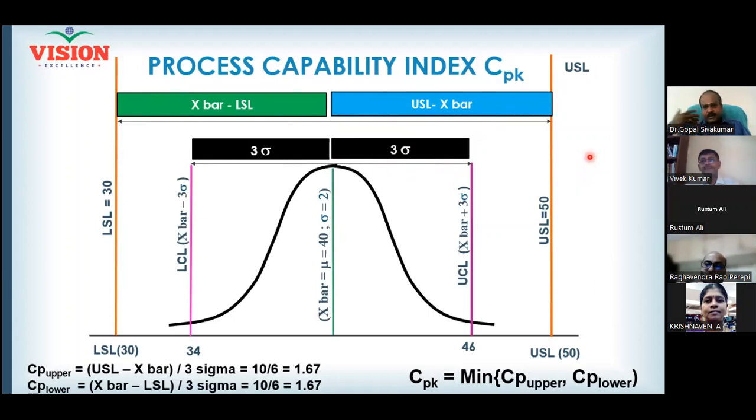If your process is moving to the right, what will happen? Blue bar will start reducing. That means CP upper will go down. Whichever is going down, that will be the value of CPK. See here, minimum of. Because whichever side my capability I am losing, I need to capture that information so that I know about real capability, right? So that's how CPK is designed.